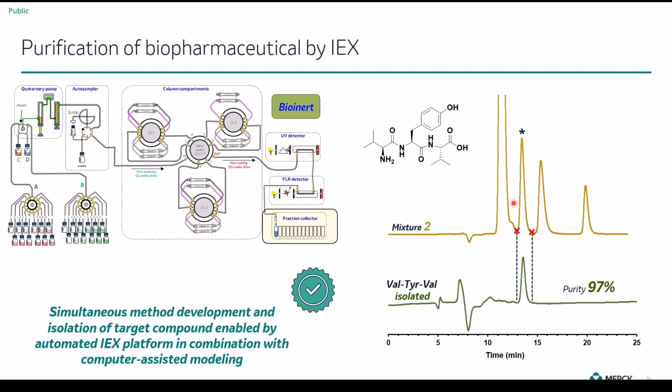In this case, it was peptide number 3 from the other mixture components. And we were able, therefore, to quickly establish an isolation method in order to efficiently isolate and purify our targeted pharmaceutical. And as we can see here, we're able to obtain a pretty high purity level for our isolated peptide.